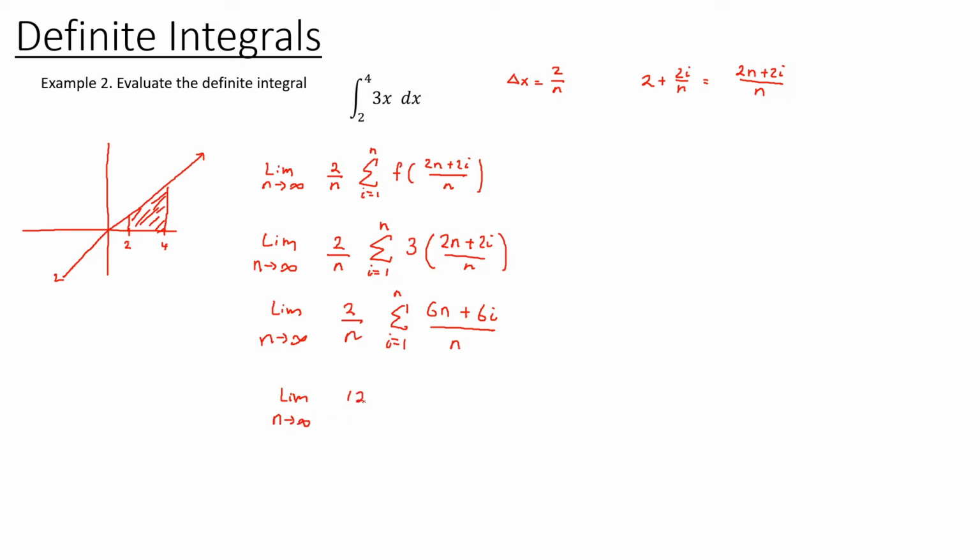So we'll have 12 over n squared times the sum of n plus i, which is what you're left with. So now let's evaluate the sigma: 12 over n squared times n times n plus n times n plus 1 over 2.